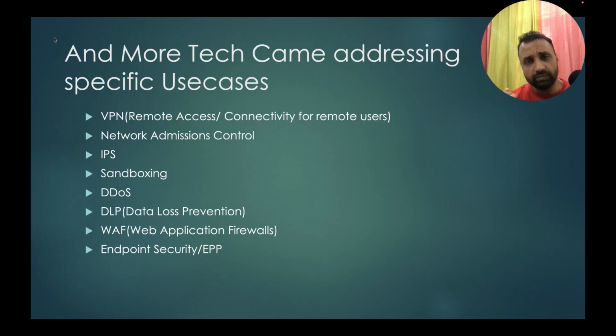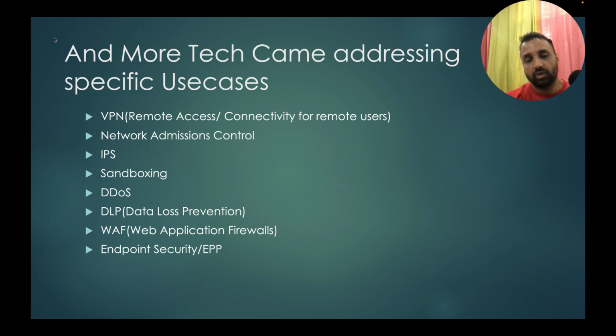Now, as the world evolved, more technology came addressing specific use cases, like people who wanted to work from home. So virtual private networks or VPN came, and NAC, which restricted which devices people can put on the network. IPS, which is about pattern recognition to identify known attacks. Sandboxing, which is a simulation technology where files can be executed, and their maliciousness verdict can be checked, and they can be blocked if they are malicious for the system.